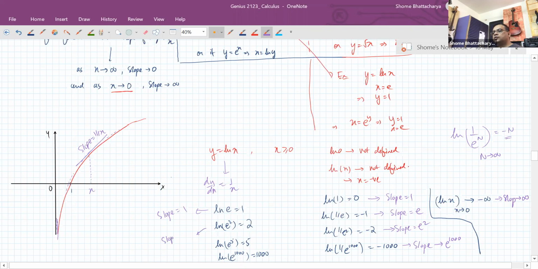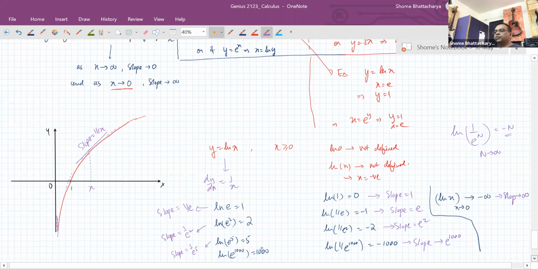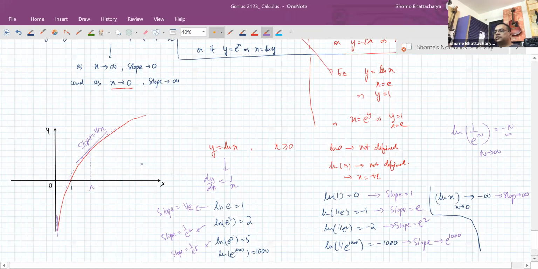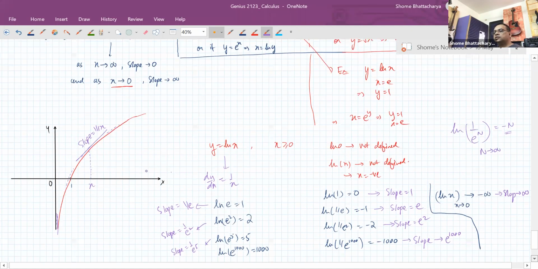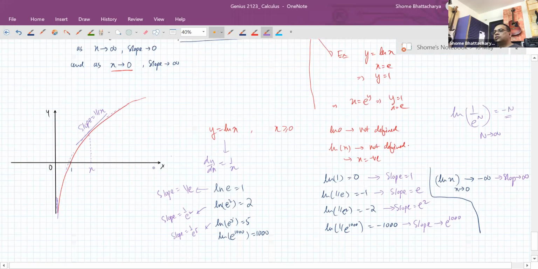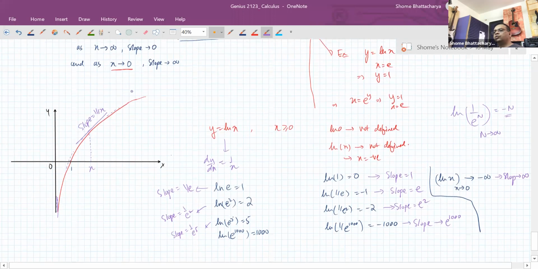At this point, 1 by e. At this point, 1 by e to the power 5. So the slope at a very large x, let's say e to the power 1000, is becoming very small because the graph is becoming almost a flat line. So the slope is 1 by e to the power 1000.